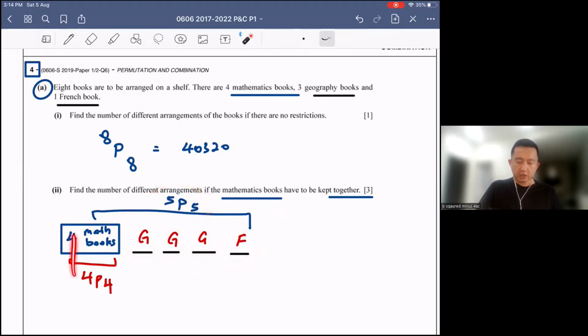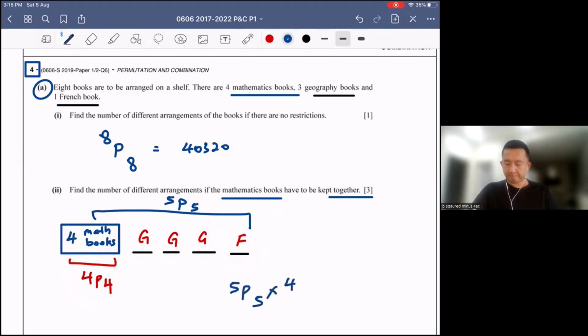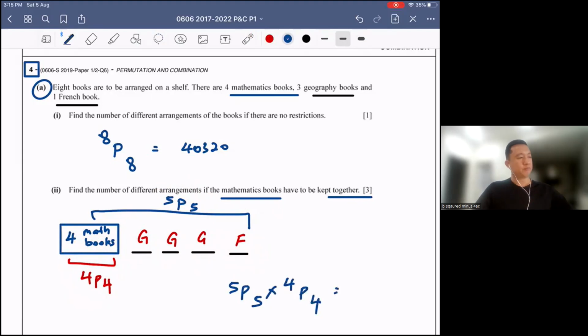But among the 4 math books being tied together, they can swap among themselves. So this is 4p4. So the answer is 5p5 multiplied by 4p4. What do we have? 2880.